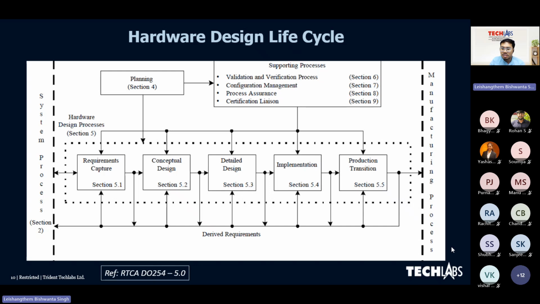The five major processes in the design lifecycle are as depicted. The process describes its objectives and activities to reduce the probability of design and implementation errors that affect safety. It is important to plan and record this process in a hardware design plan.